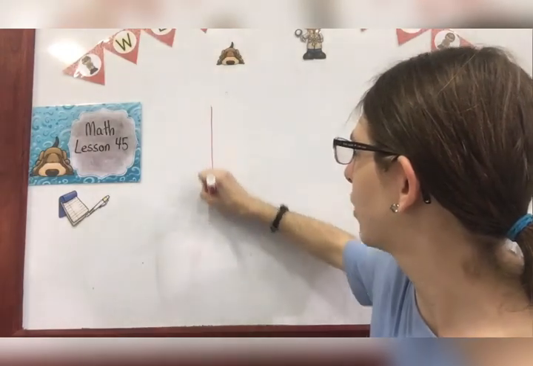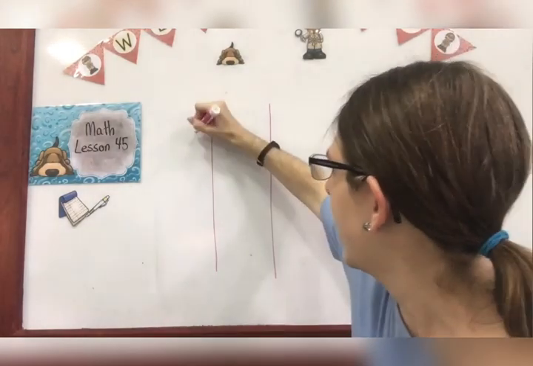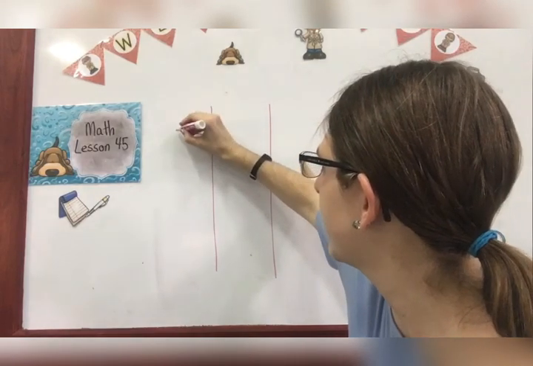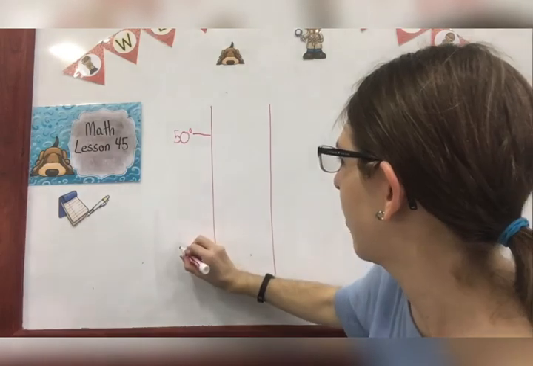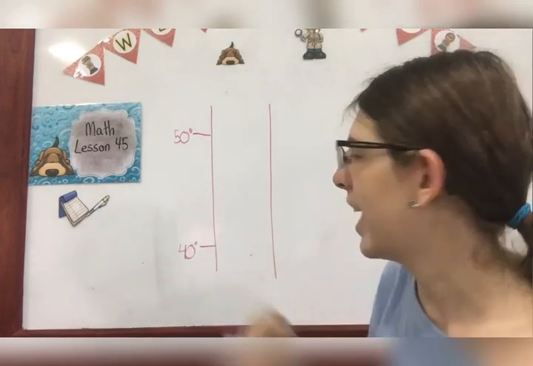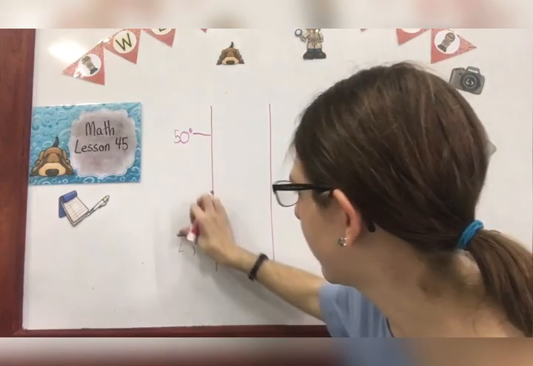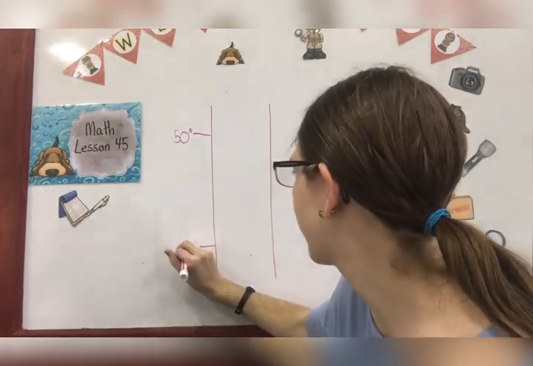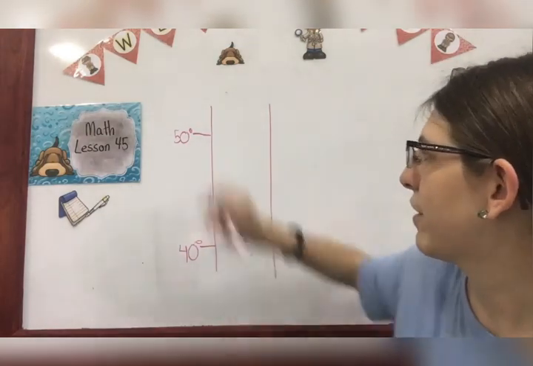Excuse me while I draw really quickly. It has degrees written, and it counts up by 10s. So 40, it's hard to see that says 40 because I ran my O into my 4. Let's try that again. 40 degrees, 50 degrees.